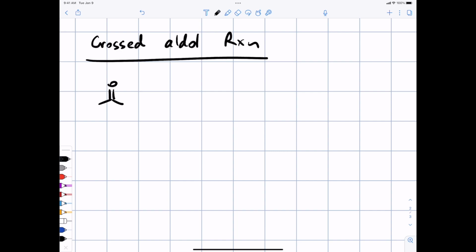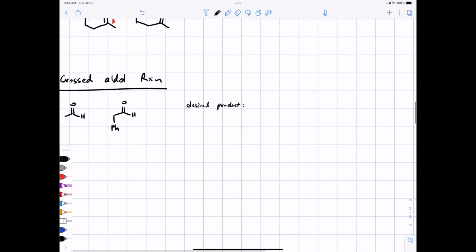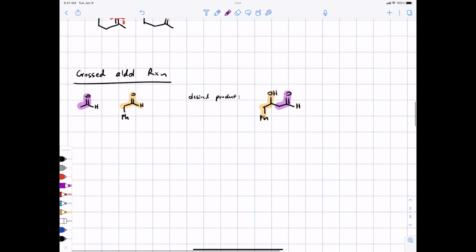And let's suppose that I want to react this aldehyde with this aldehyde, and my desired product is this one. That is, I want orange aldehyde to be the electrophile, and I want purple aldehyde to be the nucleophile. How well is that going to work?